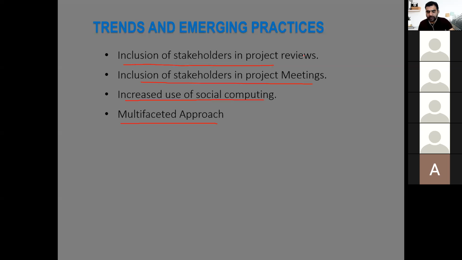By doing that, they are able to either accept or reject the deliverables. They are able to provide feedback, and also give their further requirements based on those reviews. Similarly, external stakeholders like the client could be included in project meetings, but most of the time they are asked to be just observers in those meetings.